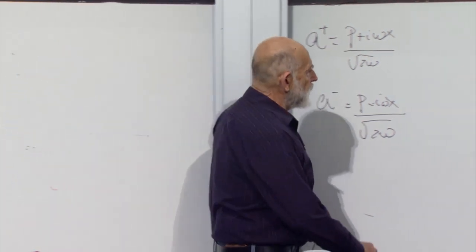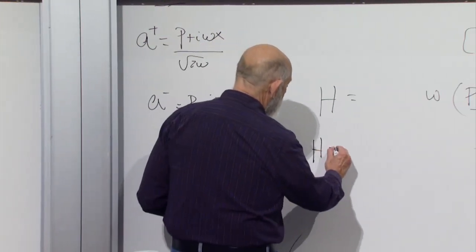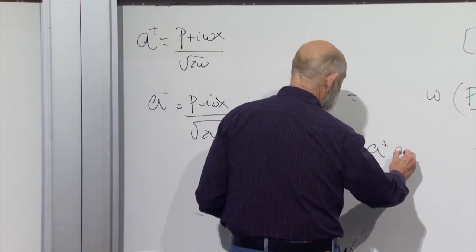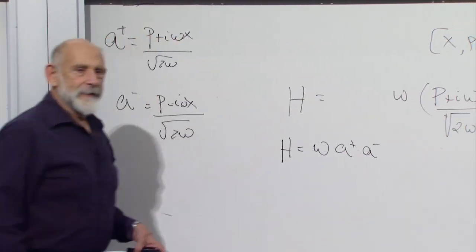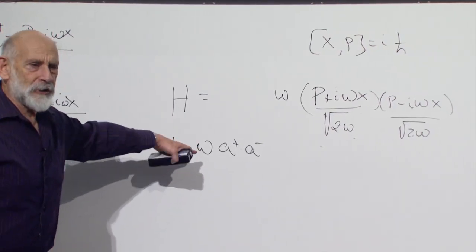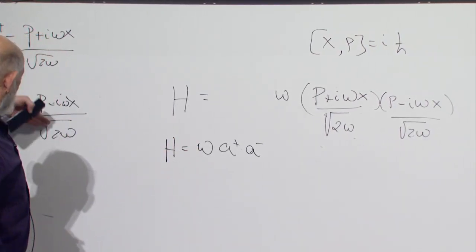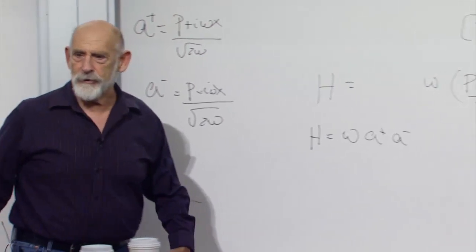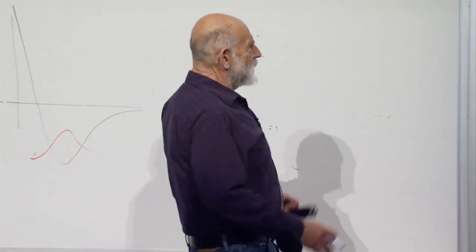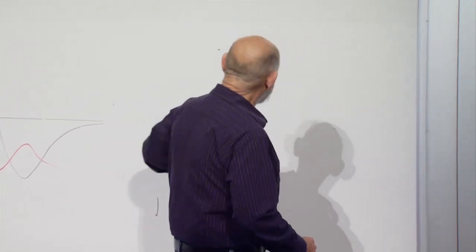And we can now write that the Hamiltonian is omega times A plus A minus. That is really simple, except who knows what's buried in the A plus and the A minus. It's a crappy looking thing for sure to have square roots of omega and square roots of 2, but it turns out not to be so crappy.